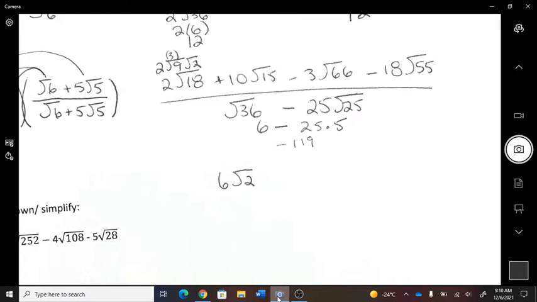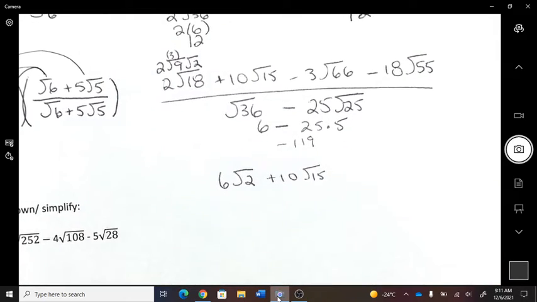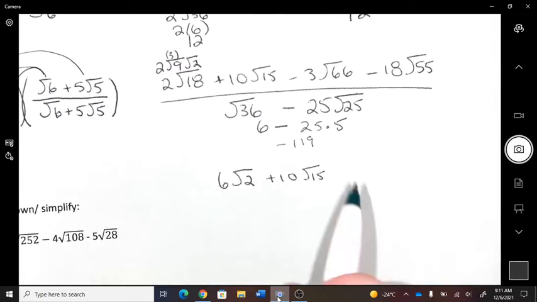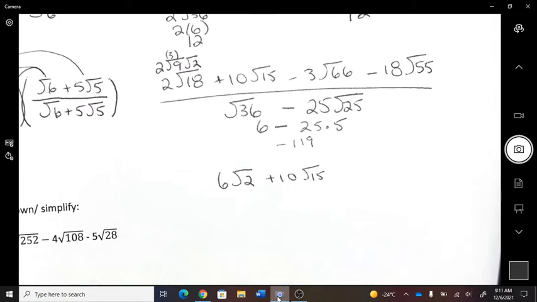15 is not divisible by anything magical, right? 66 is not divisible by 4, not divisible by 9.